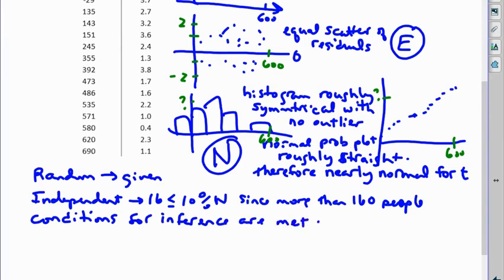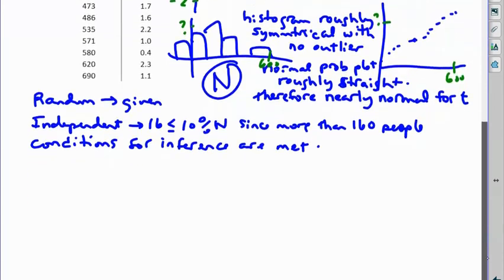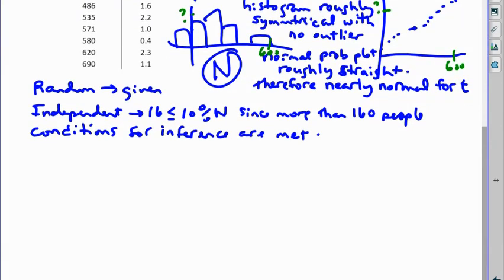We can do a t-interval for the slope of the least squares regression line, and we can do a t-test for the slope of the least squares regression line.